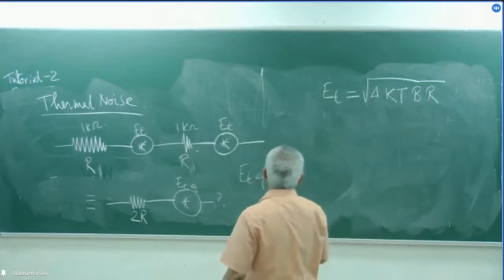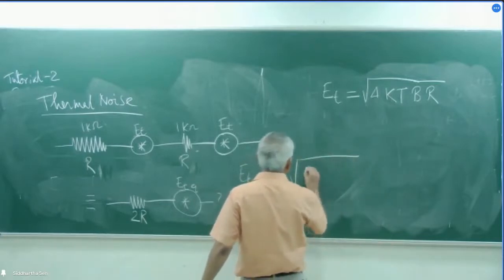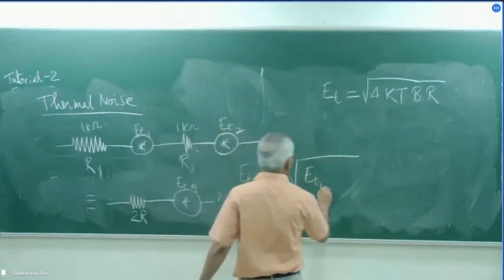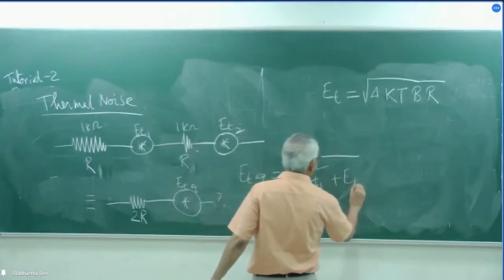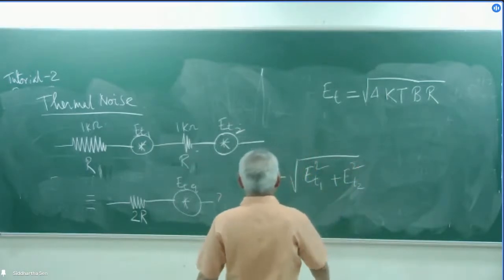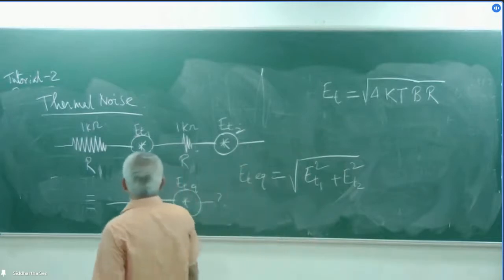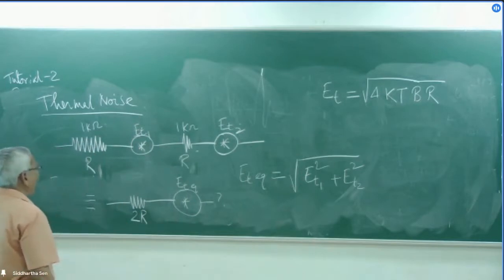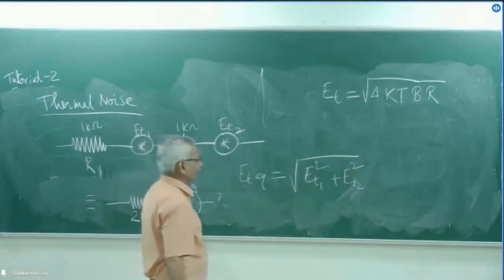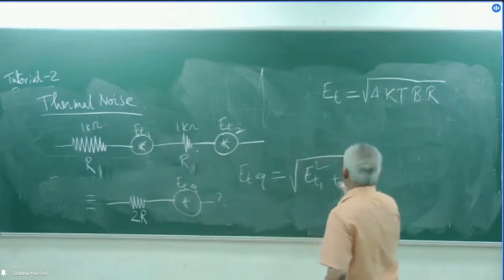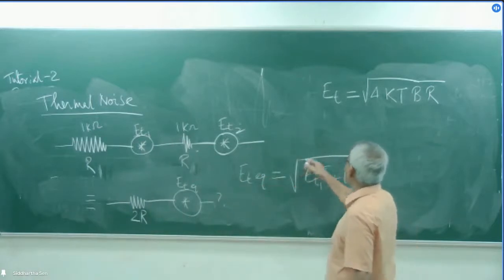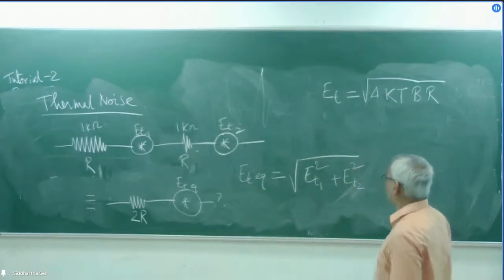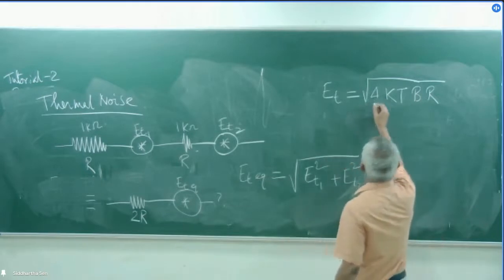It will be the square root of ET1 squared plus ET2 squared, in general. Because ET1 squared corresponds to power, the noise power gets added up, and then square rooting it, we can express an equivalent noise voltage. So naturally, we have got the ET value.